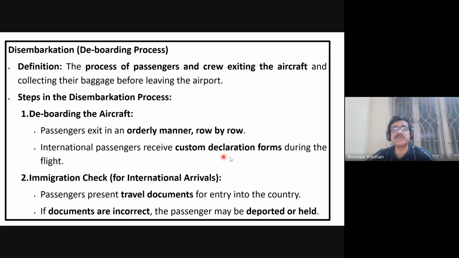International passengers receive the customs declaration form during the flight. Immigration check for international arrival: passengers present travel documents for entry into the country. If documents are incorrect, the passenger may be deported or held.